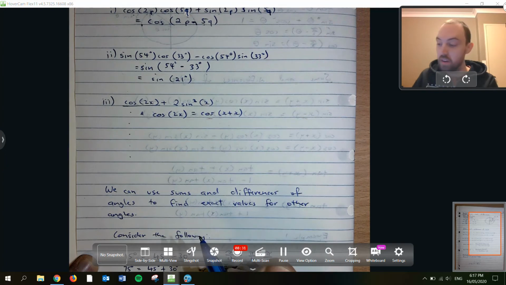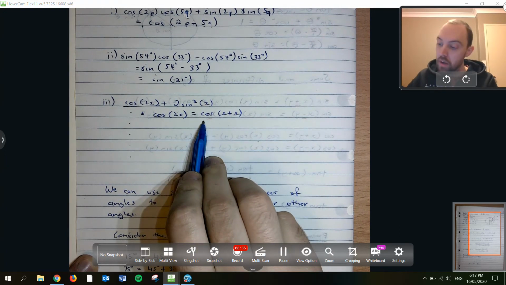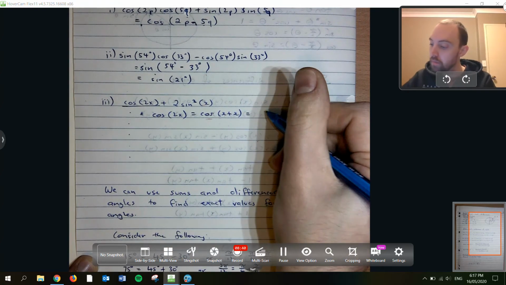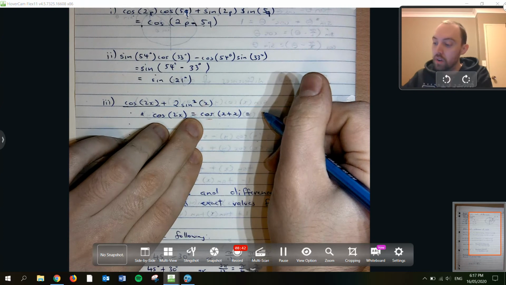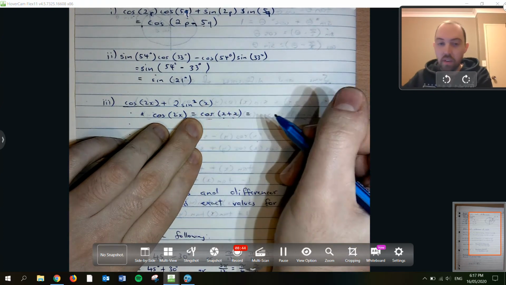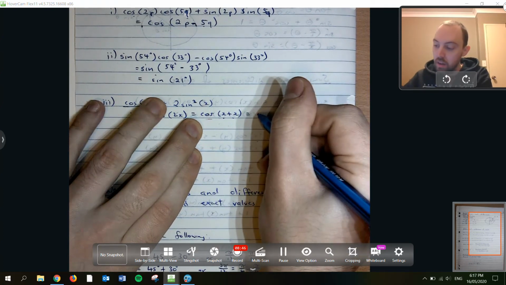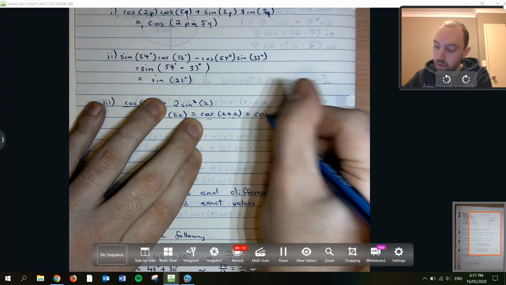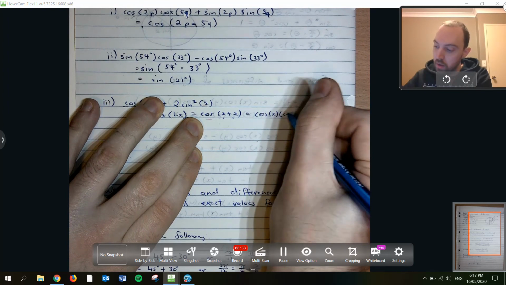And I'm going to have to try and squeeze this in because I'm not sure I've given myself enough room. But cos of x plus x is equal to, for your cos function, we're doing the sum of two angles here. The functions don't change, but the signs do. So I'm going to do cos x times by cos x.